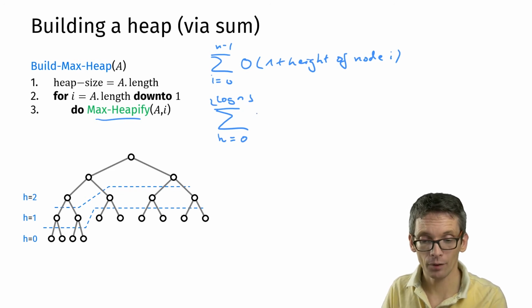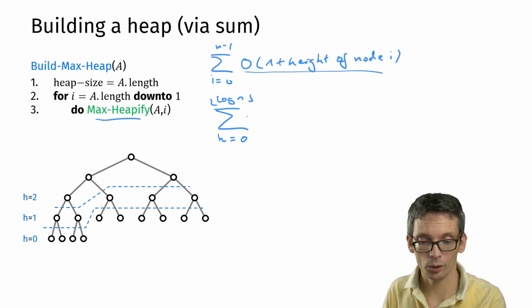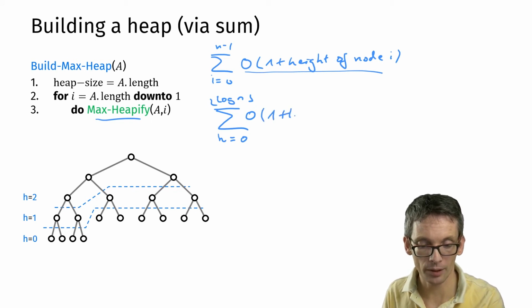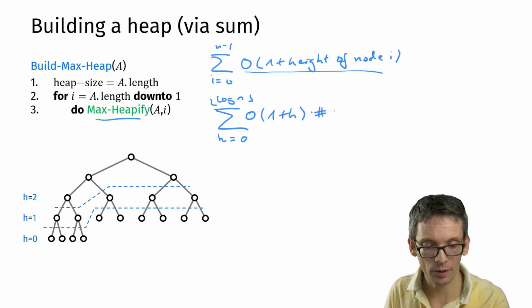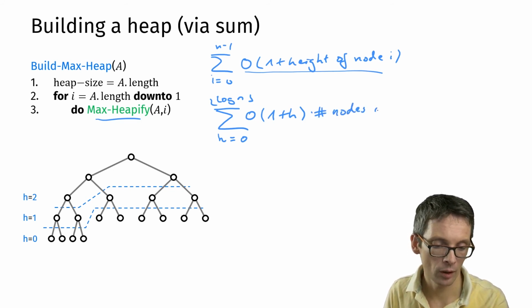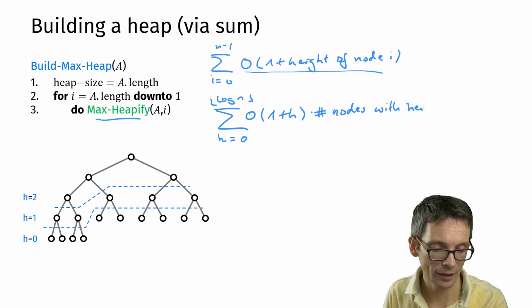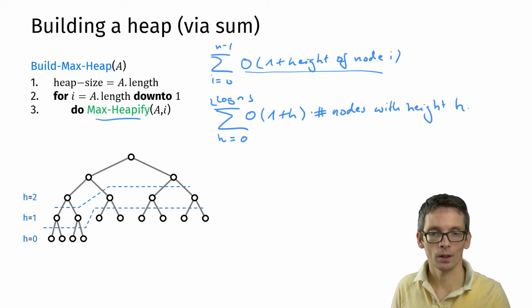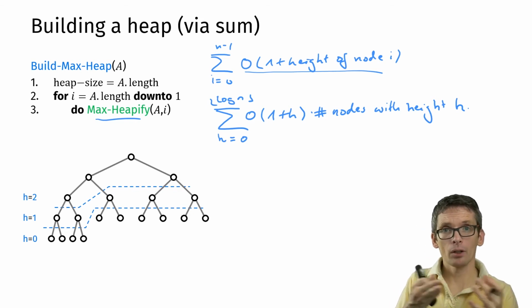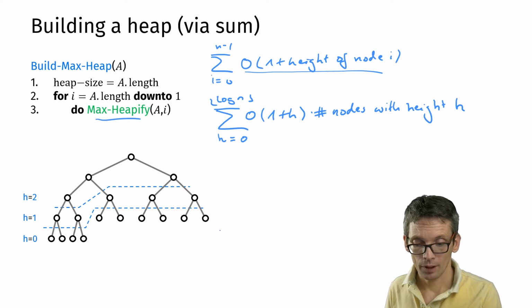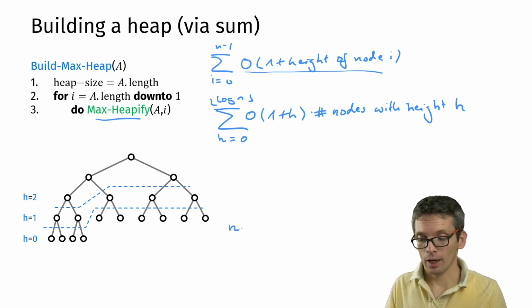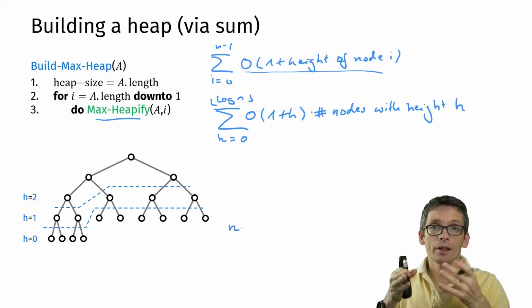For each of those nodes, I get 1 plus the height, and the height is now called h, so 1 plus h. I get that for every node, so I take this times the number of nodes with height h. Now the question is, how many nodes do I have of a certain height? If I have n nodes overall, how many nodes do I have at height 0?